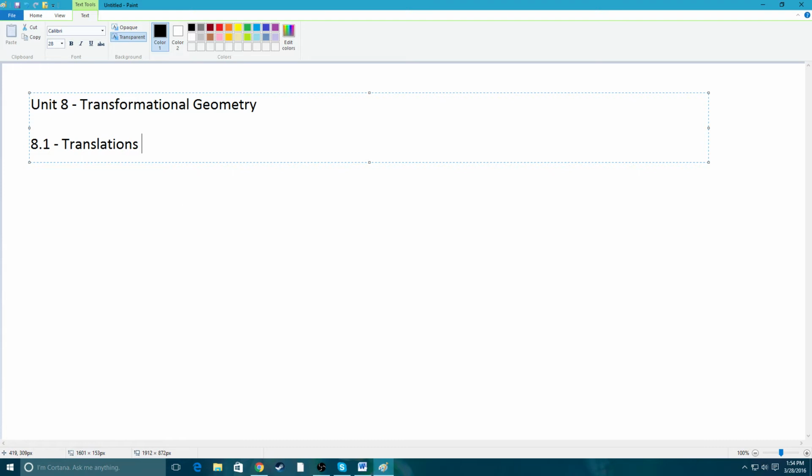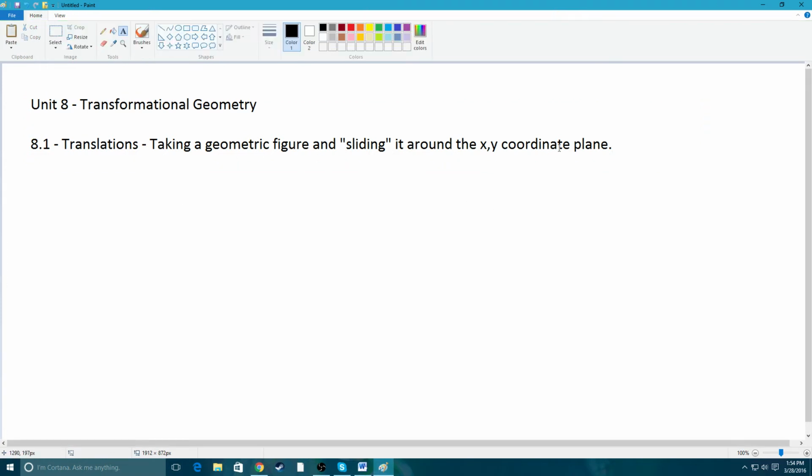It is taking a geometric figure and sliding it around the x, y coordinate plane. So we call this one the slide. We have some other kinds of transformational geometry too: rotations, reflections and that kind of stuff, but today we're going to work on translations.